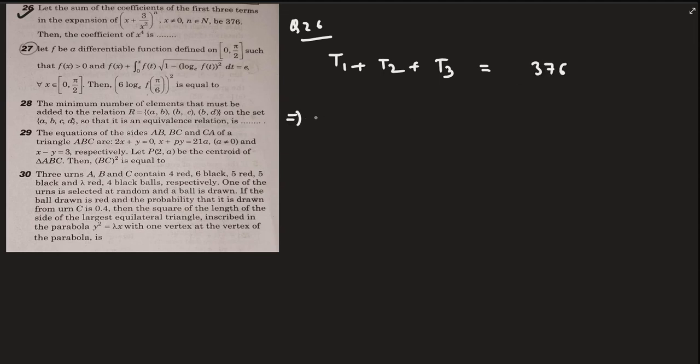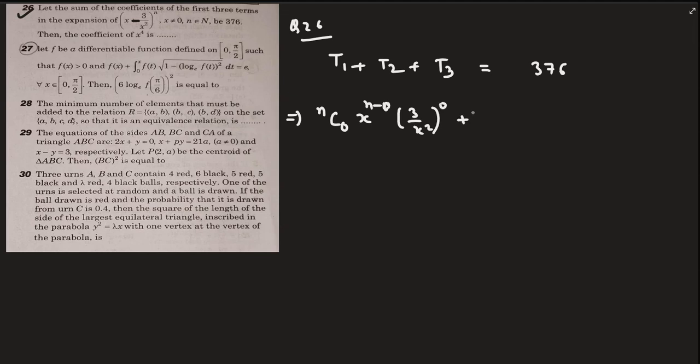Now the first term, you know that nCr, here r is 0, so nC0 times the first term to the power n minus 0, and the second term. There is a slight mistake in the question, it will be negative. Next is (3/x^2) to the power 0.